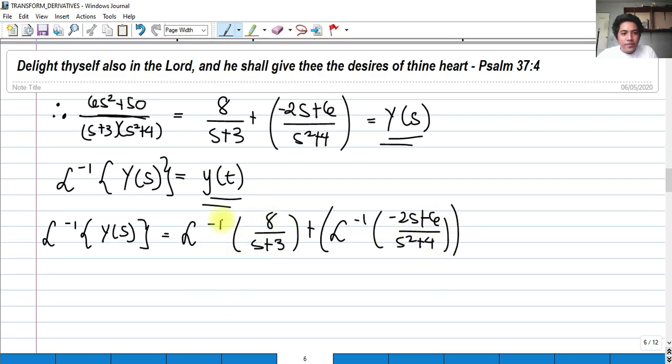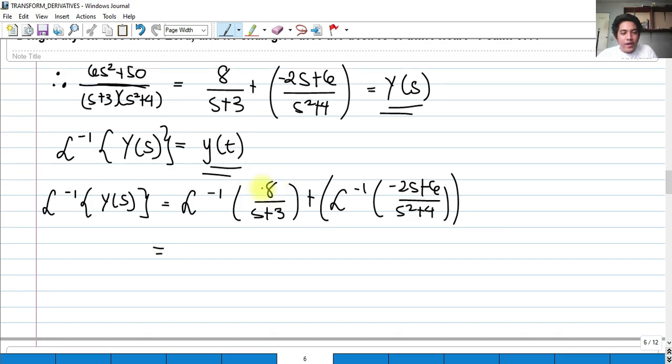We know that this is very easy. So we can factor out 8 outside of the inverse Laplace and evaluate this. The inverse Laplace transform of 1 over s plus 3 would become e raised to negative 3t. So 8 times e raised to negative 3t. For this term, we can further simplify this.